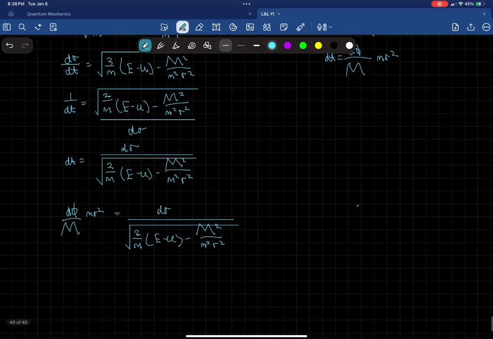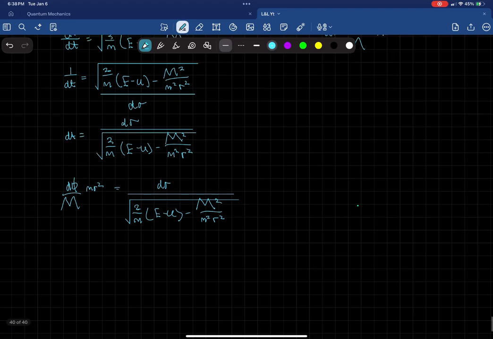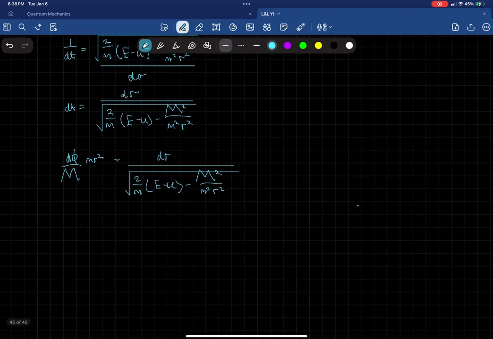And moving our m and m r squared to the other side, we can express this as d phi equals dr over the square root of, so I should actually write, capital M coming from the other side over r squared. And my m is going to be absorbed into the square root.